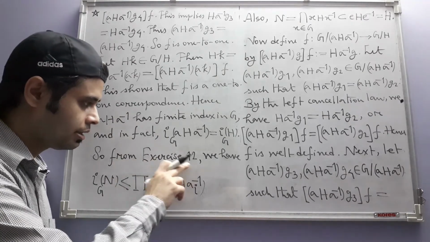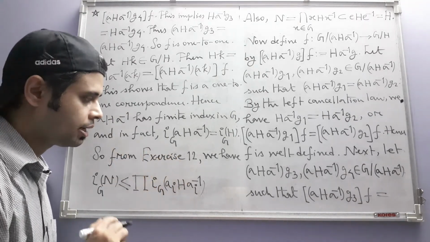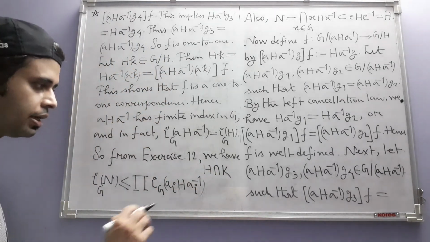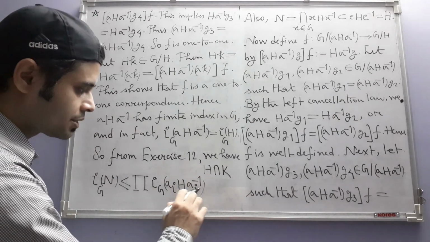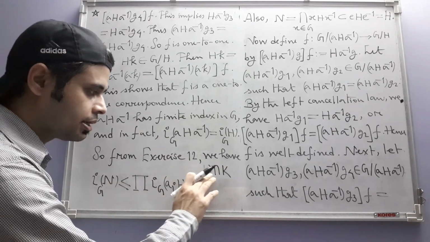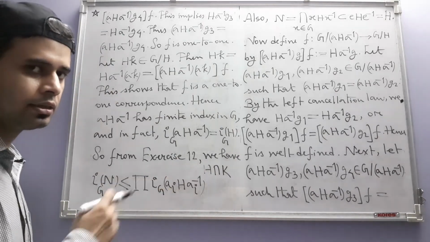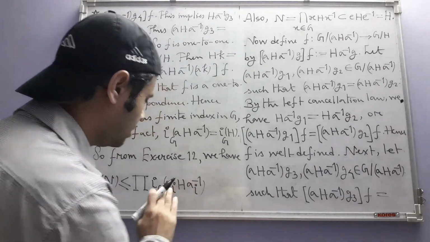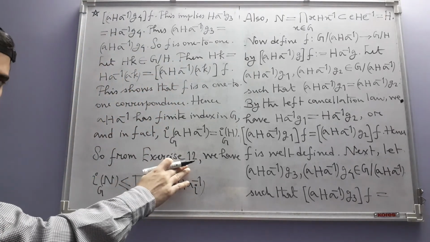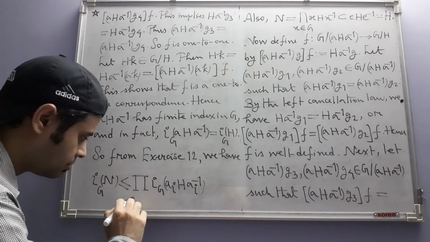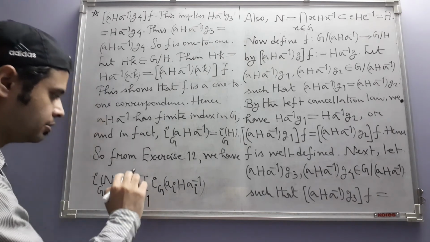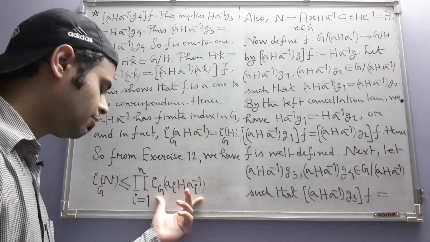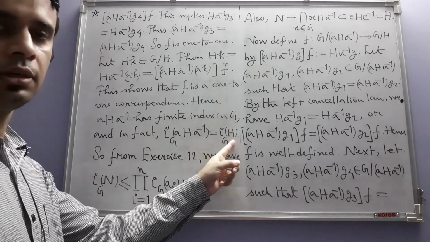You recall that in exercise 12 we found an upper bound for the index of H intersection K. Now here in place of H and K we have subgroups that look like this, and instead of just 2 we have a finite number of them, which may be 2, maybe more than 2. So we are repeatedly using the result of exercise 12 here, and we have proved that all of them are equal to this index.